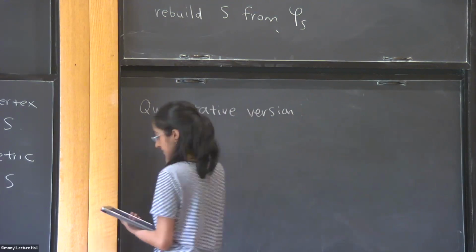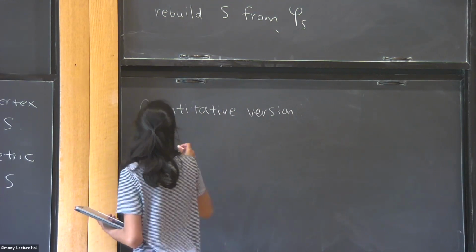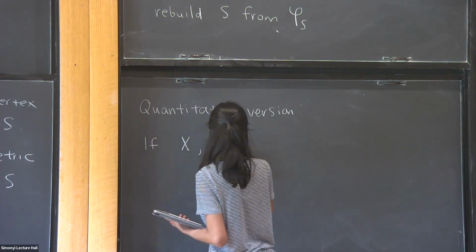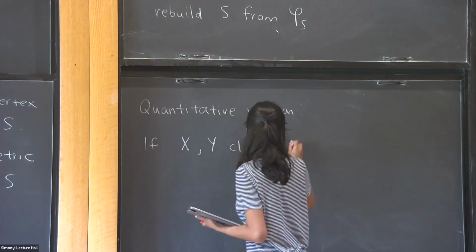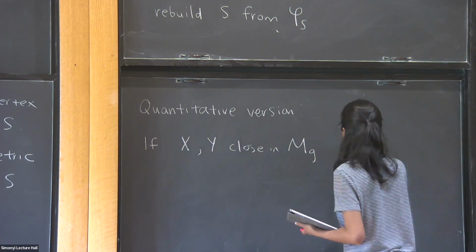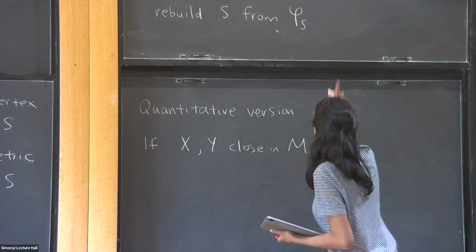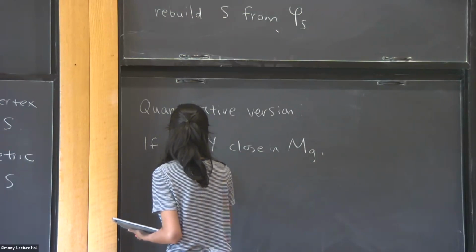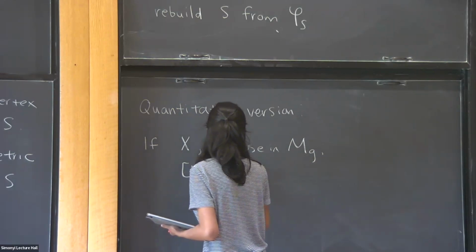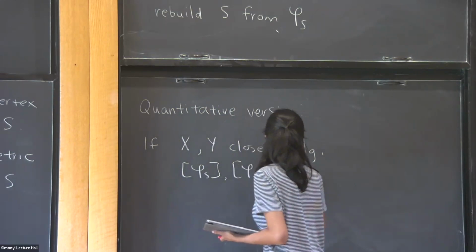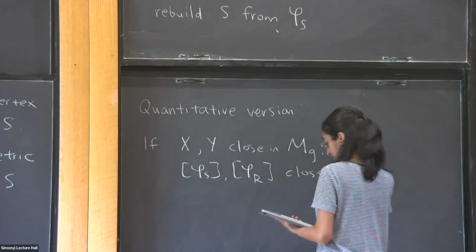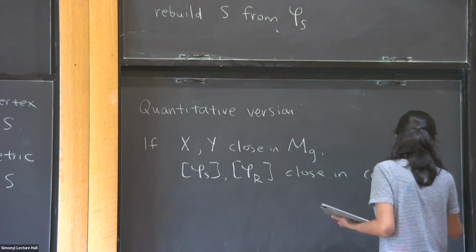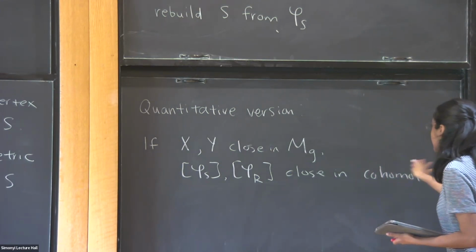Which is that if instead of x being equal to y, you have x, y close in moduli space, instead of phi s being equal to phi r, you have that phi s and phi r are close in cohomology for some reasonable definition.